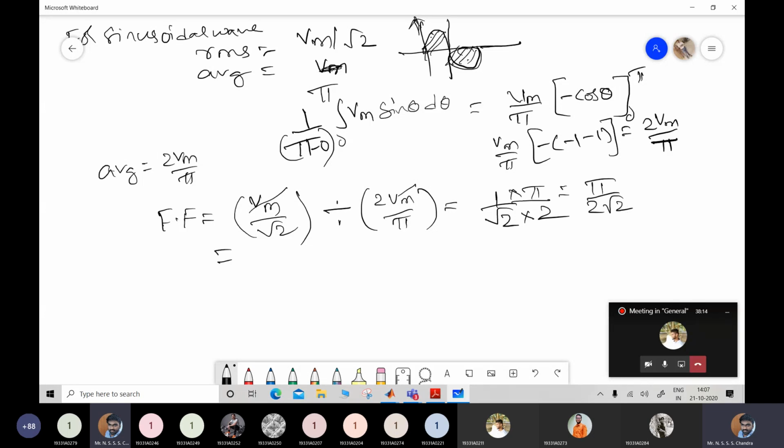Taking 3.14 divided by 2 divided by root 2, it is around 1.11. This is how you get the form factor.